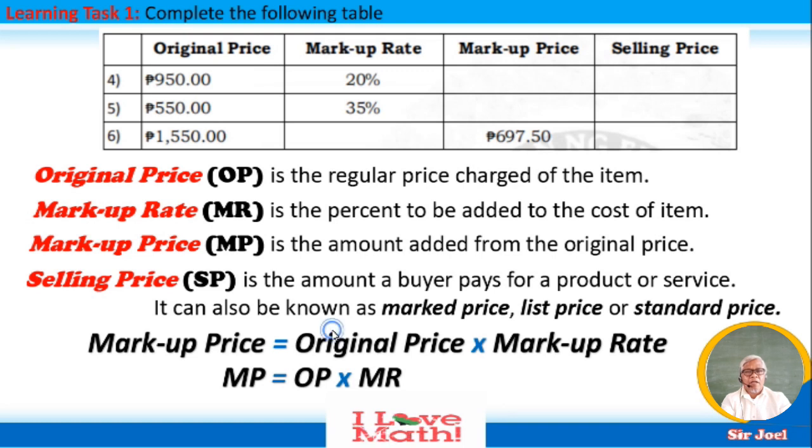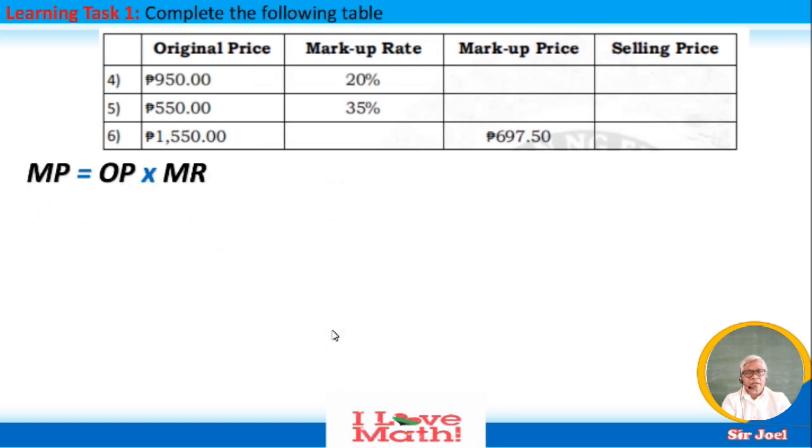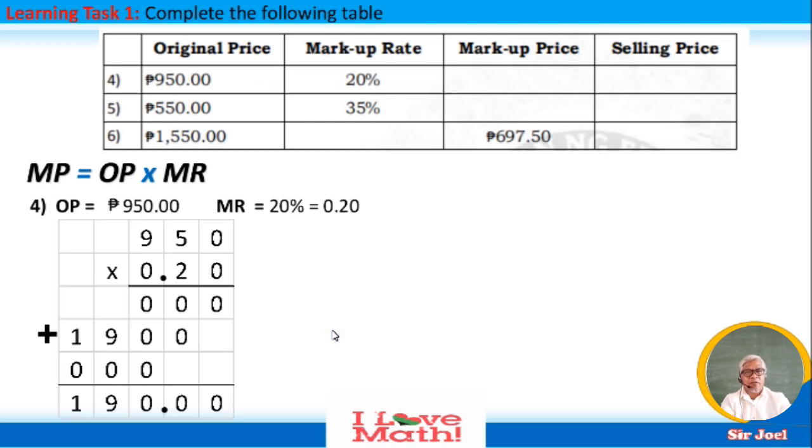So from the formula MP equals OP times MR, to answer problem number 4, OP is 950 pesos. Yun yung original price. While the markup rate is 20%, which is equivalent to 0.20. Okay? Now, let us compute. It is 950 times 0.20.